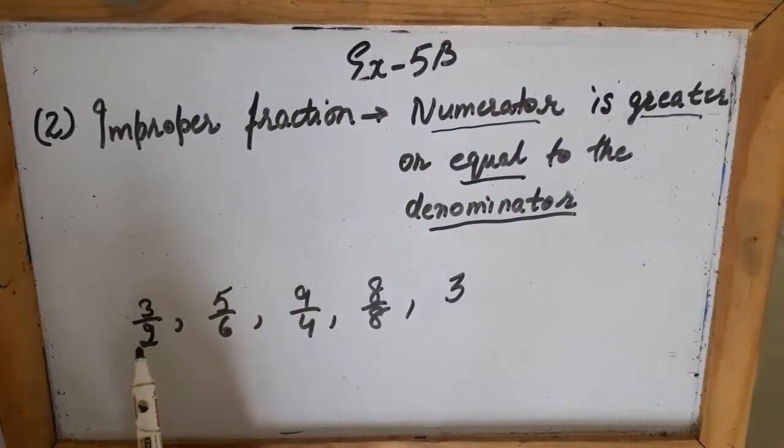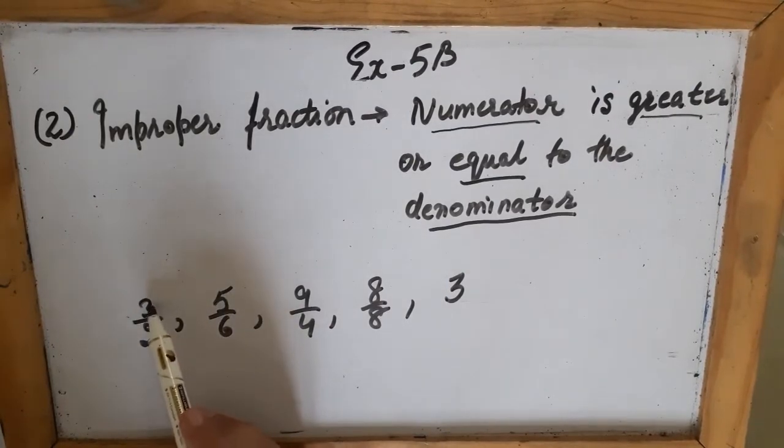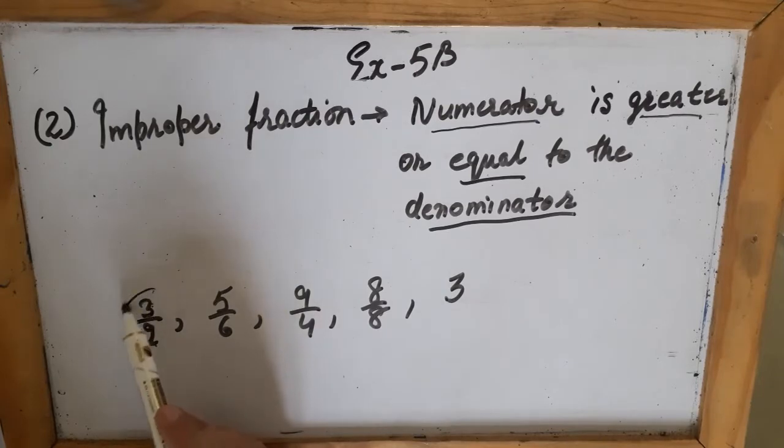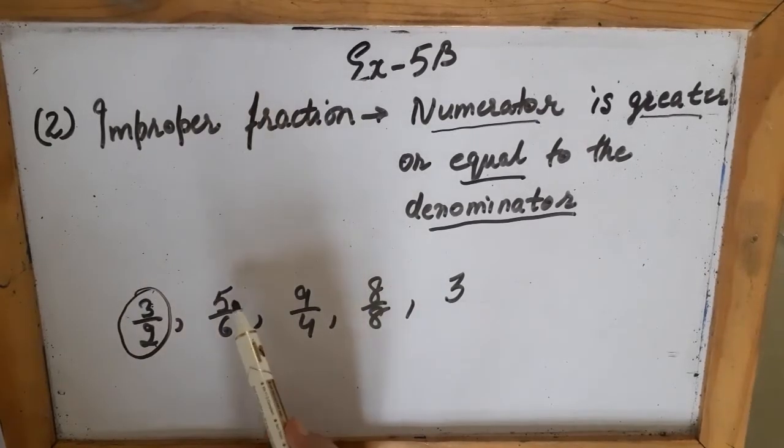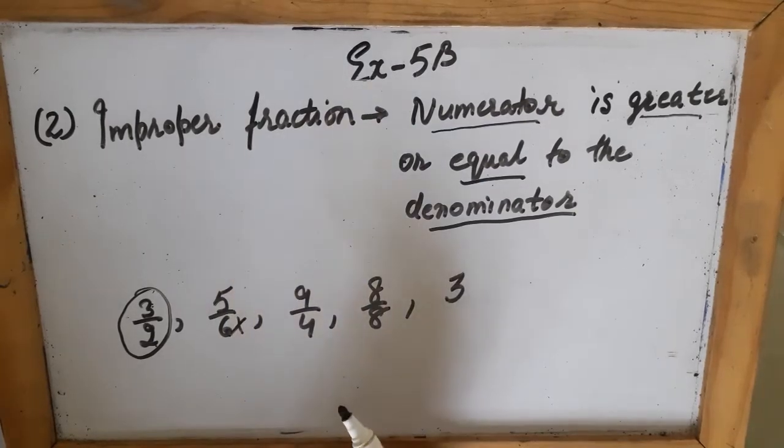Now if you look at the first fraction, you can see that the numerator is greater than the denominator. 3 is greater than 2, so this is an improper fraction. 5 by 6, here the numerator is less than the denominator, so this is not an improper fraction, but a proper fraction.